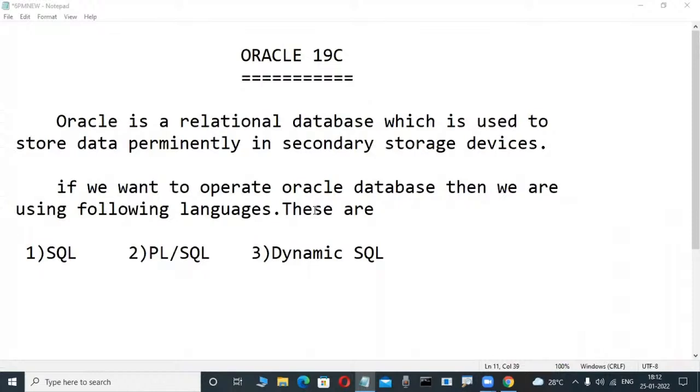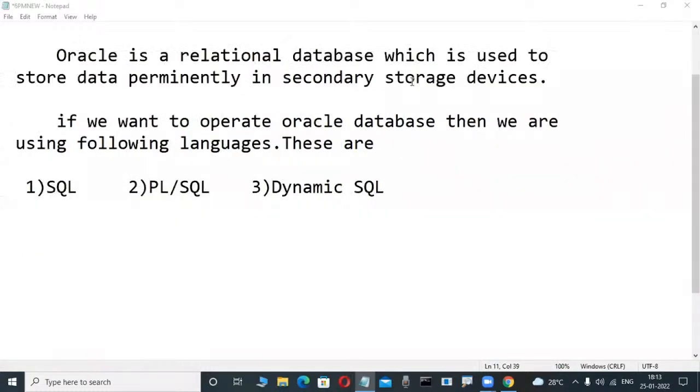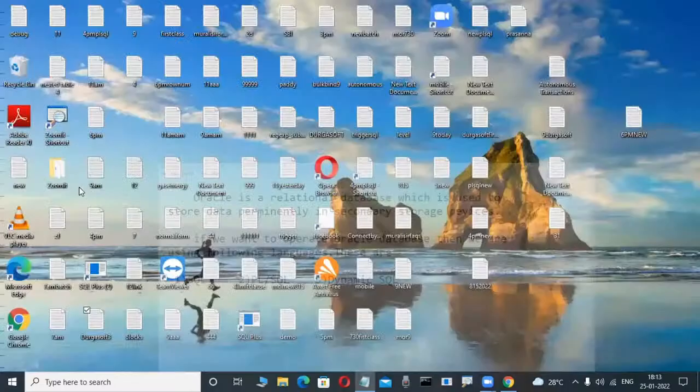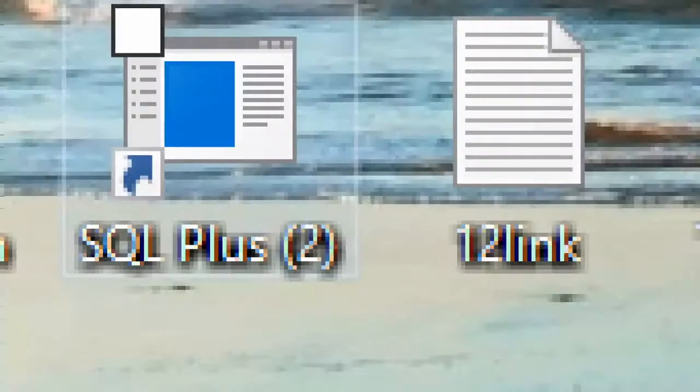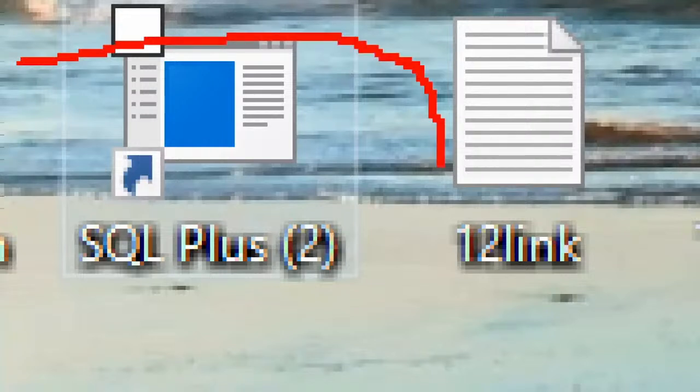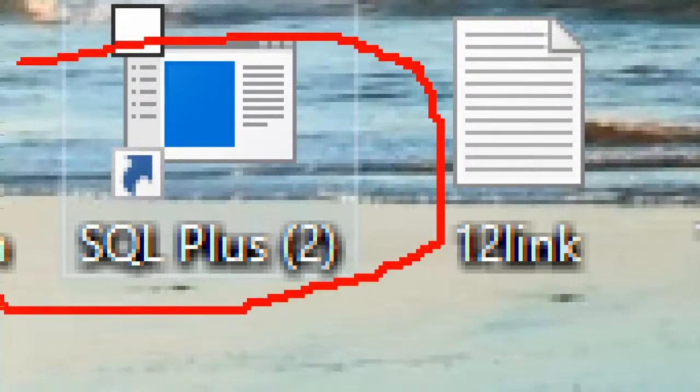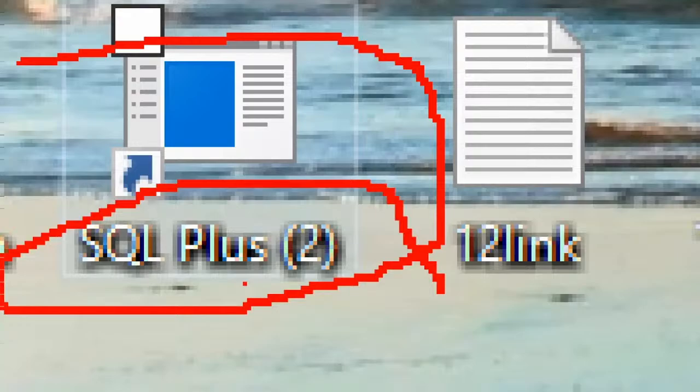Now, up to this one, maybe from the previous demo classes you roughly have an idea. Now observe slowly, very important. Concentrate here, observe the screen. In my system, in the desktop, something is there. SQL Plus is there. What is this SQL Plus?